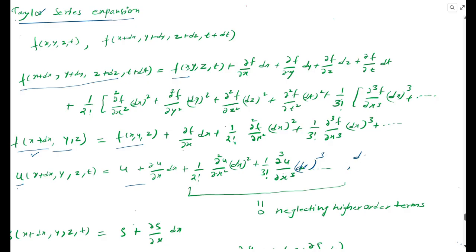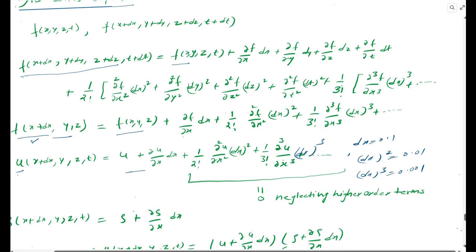For example, if delta x value is 0.1, then delta x square equals 0.01 and delta x cube equals 0.001. This is the reason we are neglecting higher order terms.